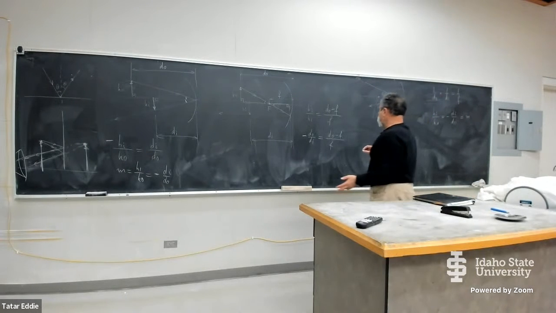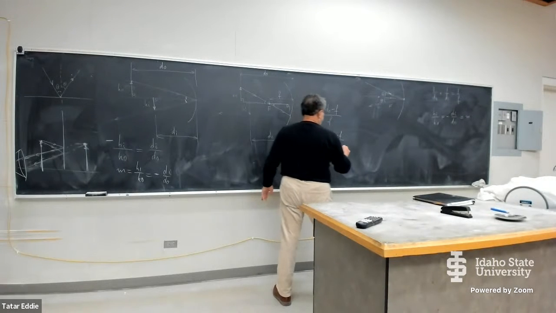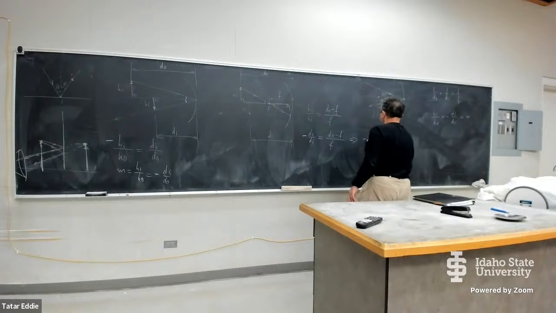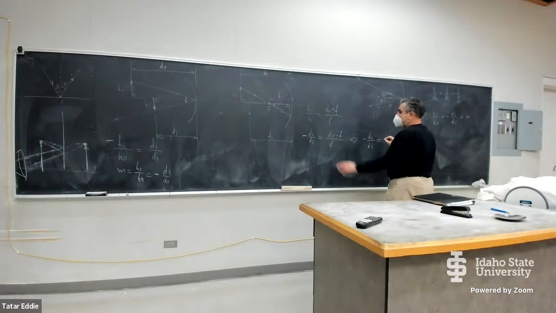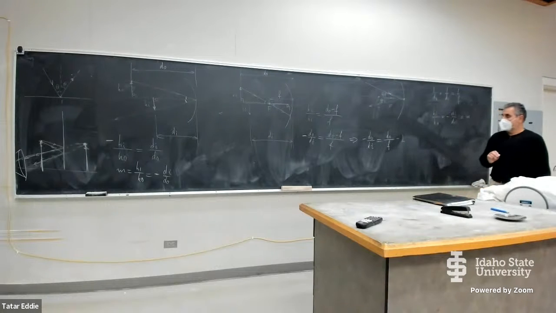So how to do it? Just leave the left-hand side unchanged, DO divided by DI. On the right, write this fraction as the ratio of DO to f minus 1.